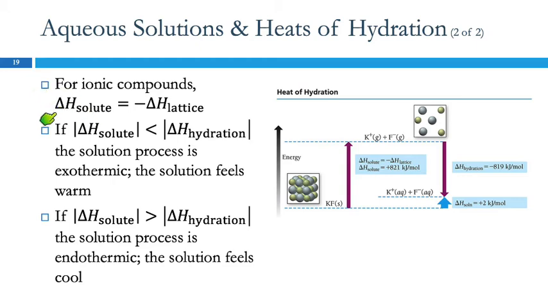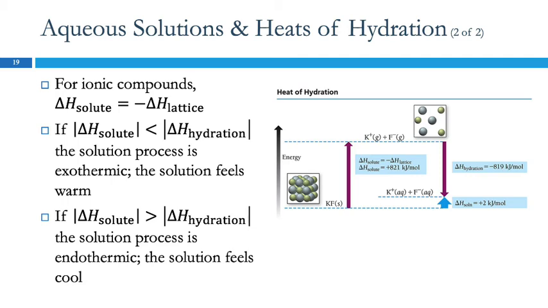So delta H solute, the energy involved in taking apart the solute particles, here we're talking about ionic compounds, is the same as the lattice energy that we talked about before, just opposite in sign. Lattice energy is the energy change when these particles come together, and so delta H for the solute is the opposite in sign.